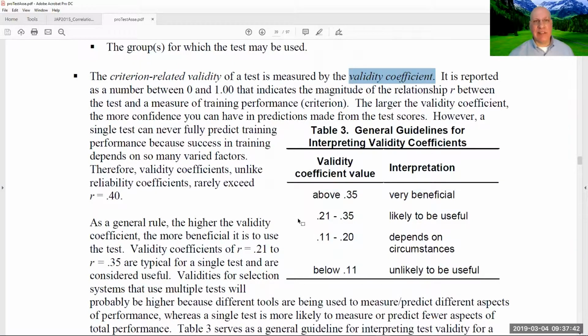And here they say that validity coefficients for assessments are rarely above 0.40. So why is this important?